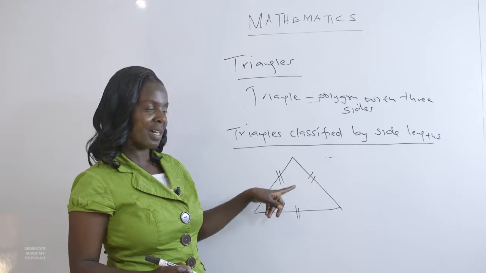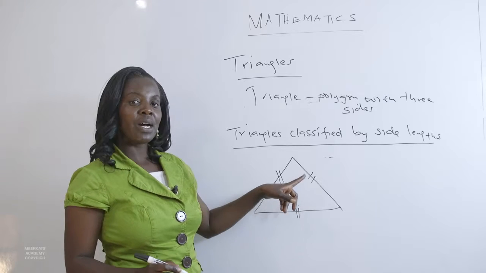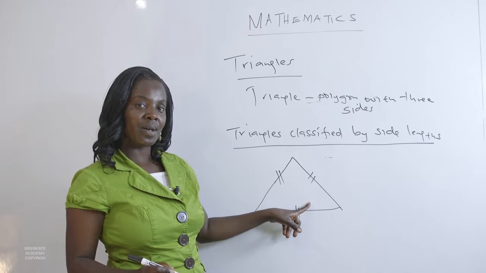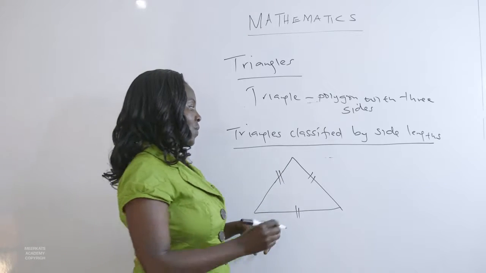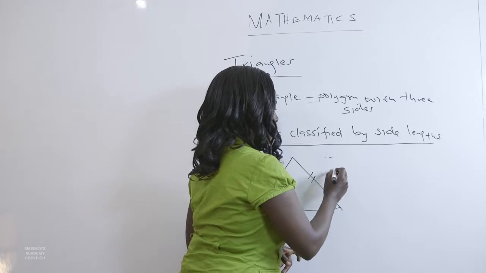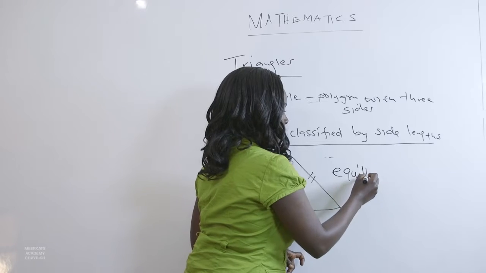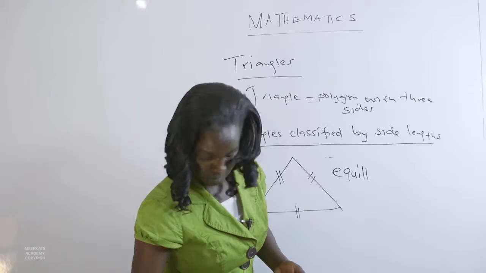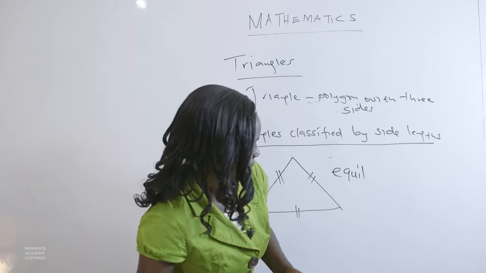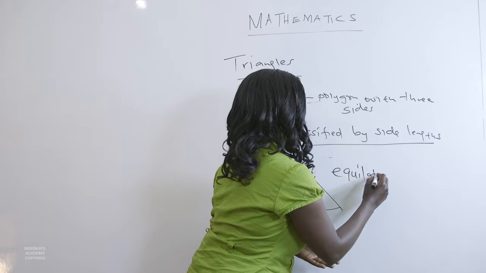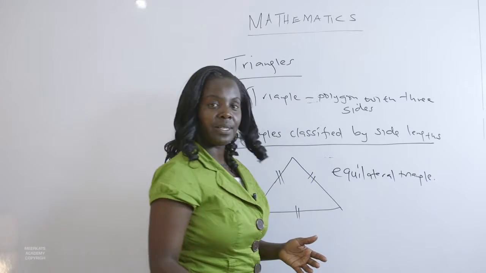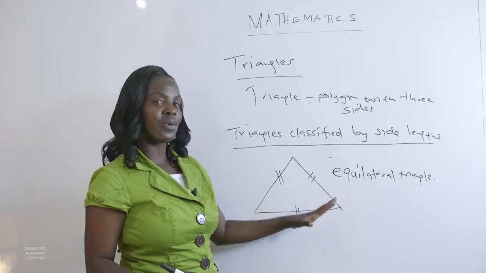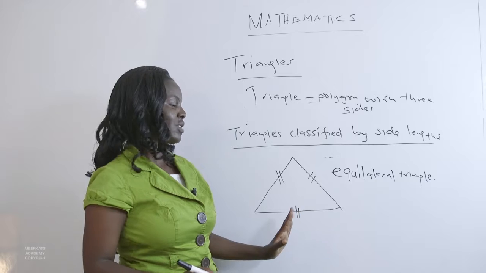The 3 sides of the triangle have the same markings, meaning all the 3 sides are equal. When we have a triangle whose 3 sides are all equal, we call that type of triangle equilateral. An equilateral triangle has all the 3 sides equal to each other.